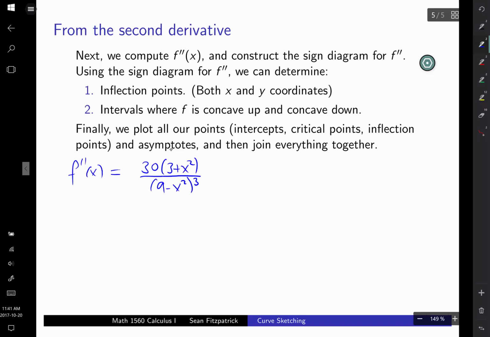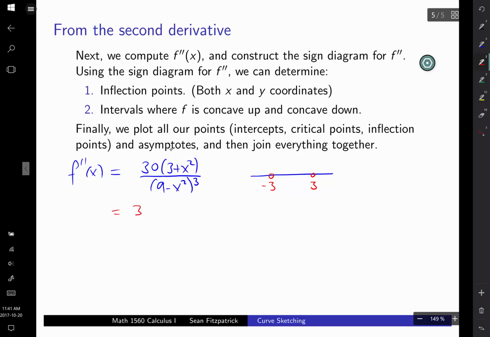Okay, so the numerator is always positive, it never vanishes, right? 3 plus x squared is always bigger than or equal to 3. So the only points that we have to keep track of are the 3 and the minus 3 in the denominator.